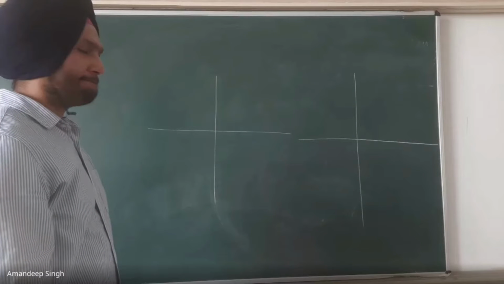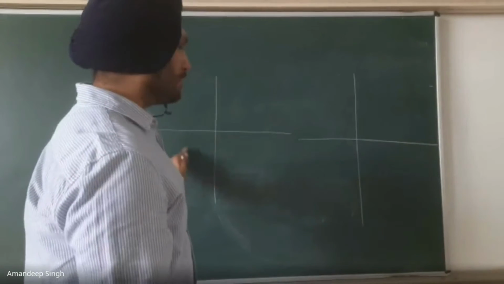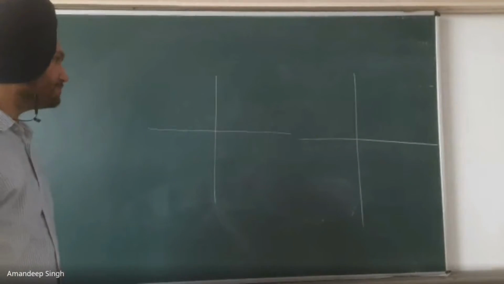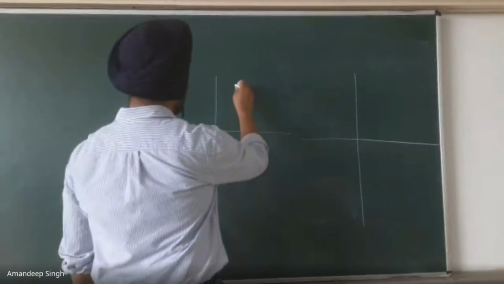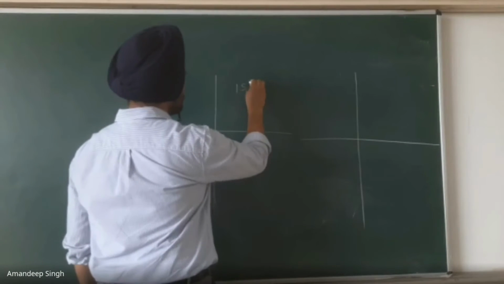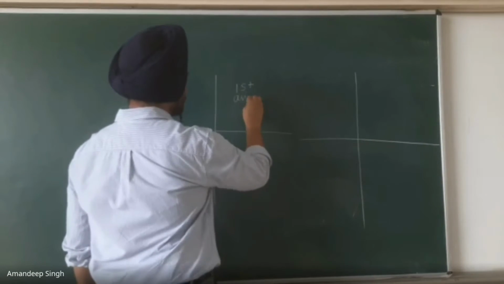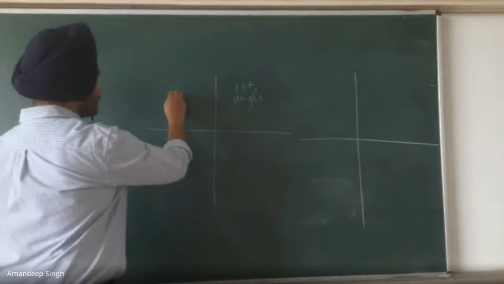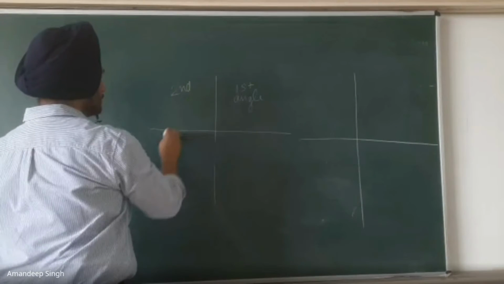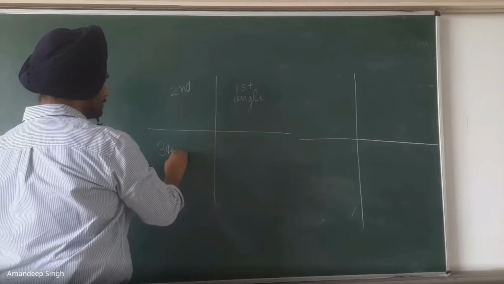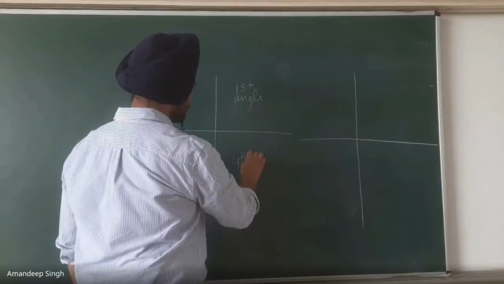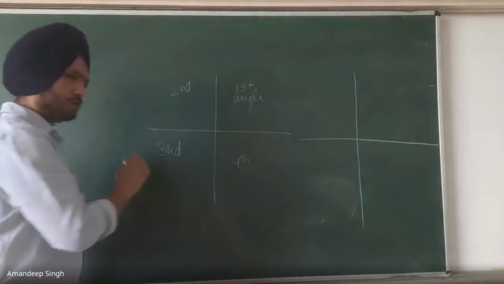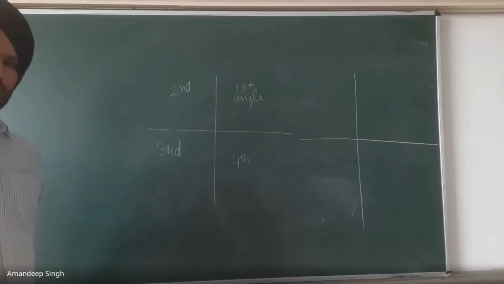Now, there are two crosses that I've made. First cross will tell you about the angle or the quadrants. First angle, second angle, third angle, and fourth angle. Here you can work out on the projections of the object.